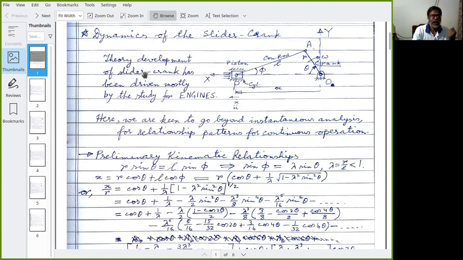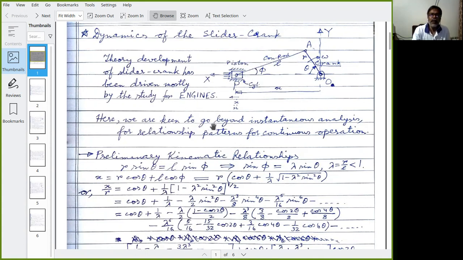You know that the theory development of slider crank has been driven mostly by the study of engines, and engines have been the driving theme of the industrial revolution and modernity of civilization itself. That was a big deal. So we needed to do more, we wanted to do more, and the mechanism being a little simpler, it was also possible to do more.